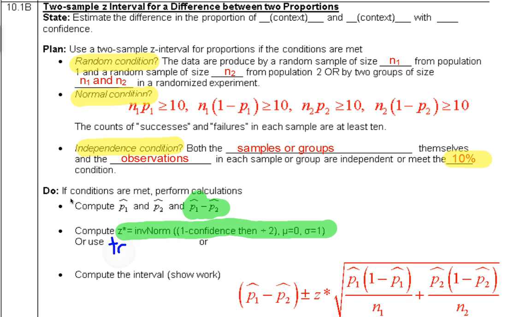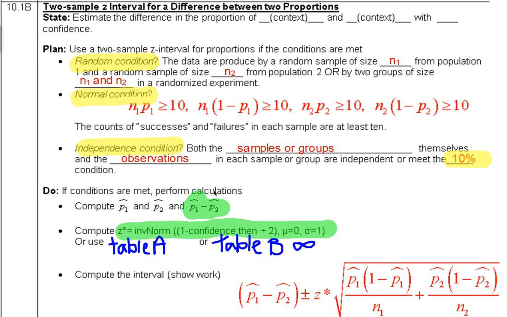We have table A that we can look up a Z-score for, or we can use table B. Table B is truly our t-table. It looks at our t-distributions, but if we look at that infinity number at the bottom, remember it tells us those z-scores. So it's a nice little shortcut for finding those z-scores.